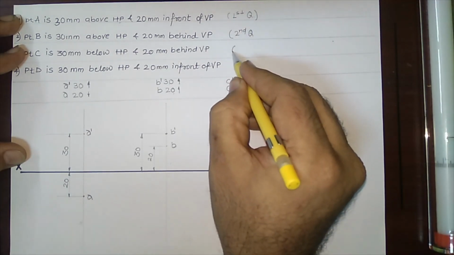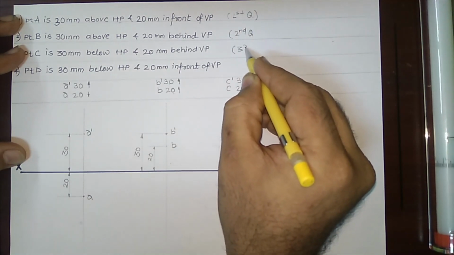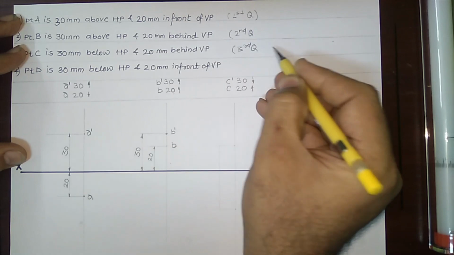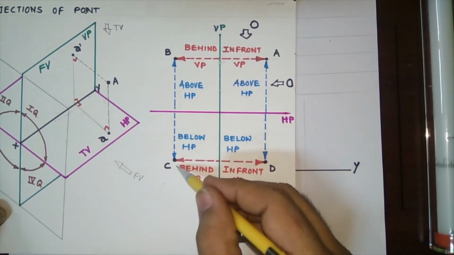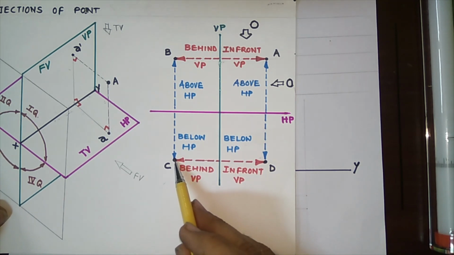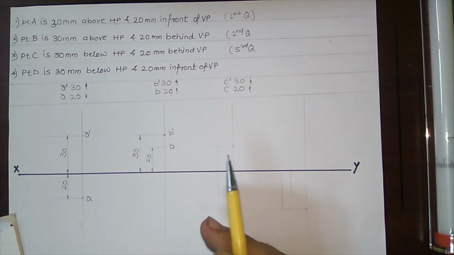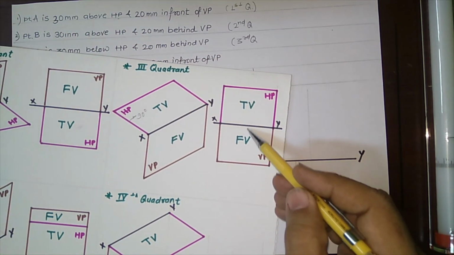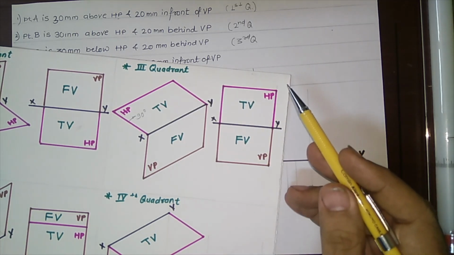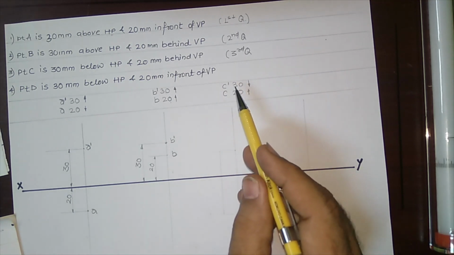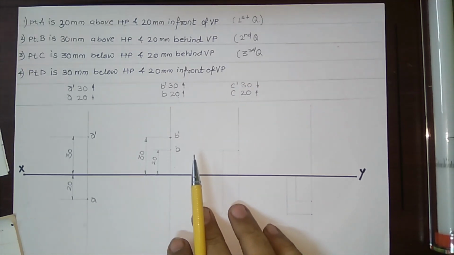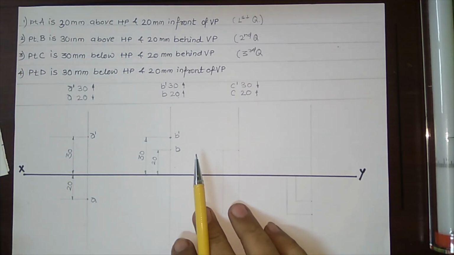This point appears in which quadrant? That is third quadrant. Okay, check करो, below HP, behind VP, point is in third quadrant, and when the point appears in the third quadrant, front view नीचे, top view ऊपर. So this is the way by which we represent, and this is the shortcut way we represent this particular point. Okay, now the thing is how to plot it.